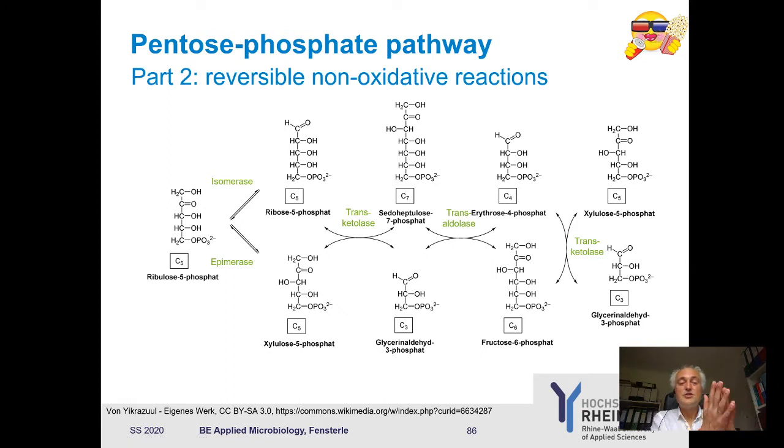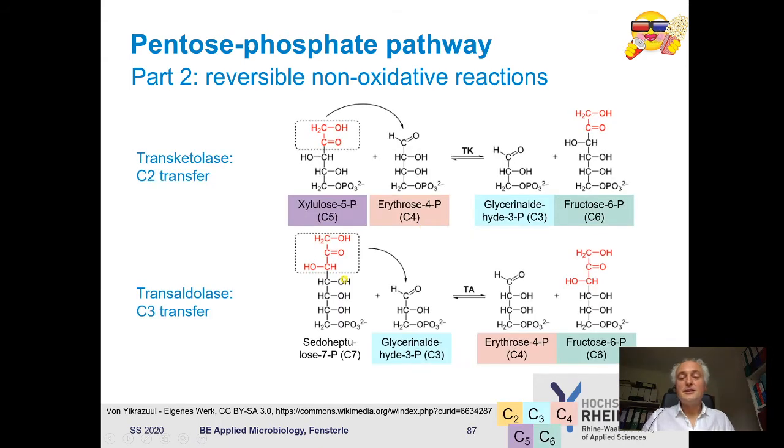So with this pathway, with its reversible non-oxidative reactions, you can generate a pool of whatever sugar you want at the end. And this is reversible, so you don't need energy for that. You can just shift. If you say, ooh, I need more erythrose 4-phosphate, you can use this pathway to produce it. That's the key here. Here are the details of how this is happening.